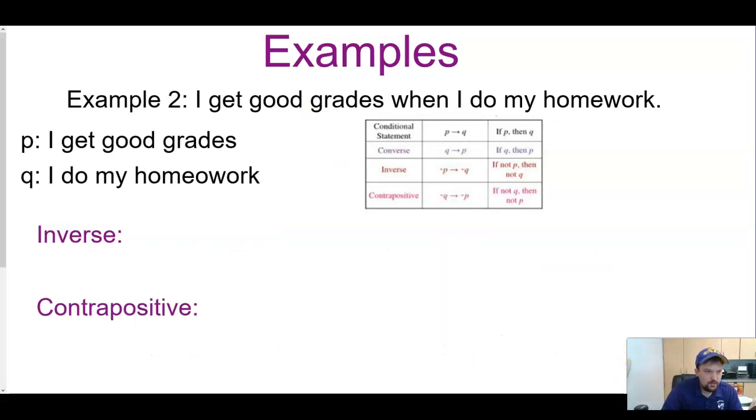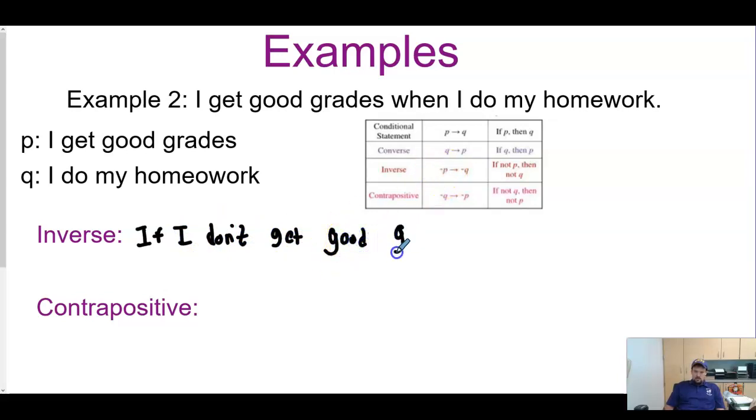Now let's keep those two statements together, but now let's do the inverse. If I get good grades, how would I make that negative? It's if I don't get good grades. So we're going to say if I don't get good grades, so there's my not P, then I do my homework, but we're negating it, so it's I don't do my homework.